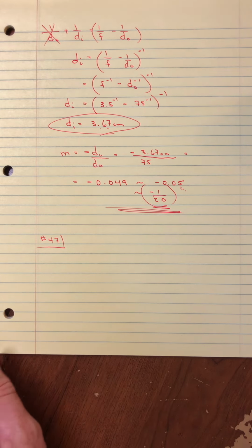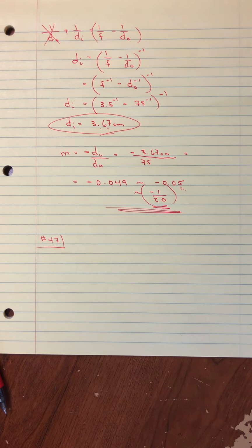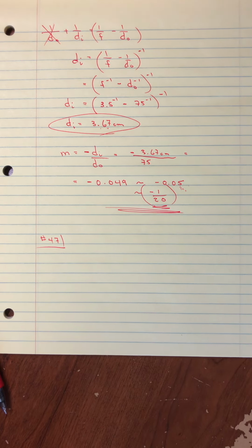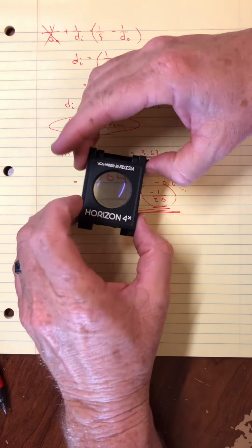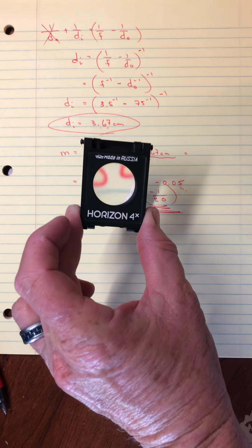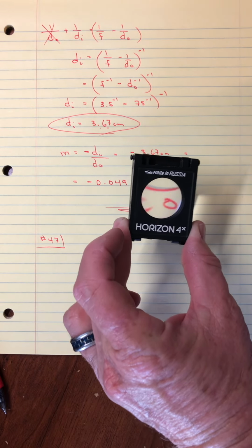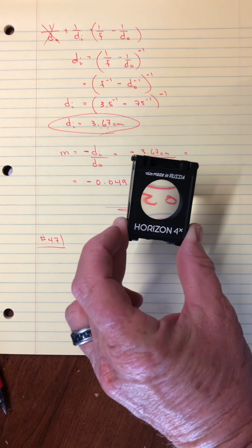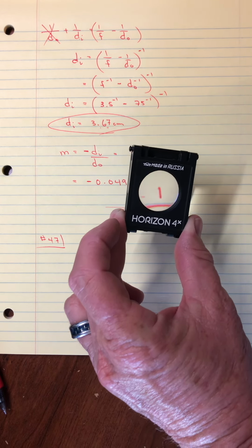And I think I actually have a magnifying glass nearby. Maybe I don't. This could work. But I don't know what you can see there in the camera, but if I was looking here at this 1/20th, I might hold it a distance that is just inside the focal length.